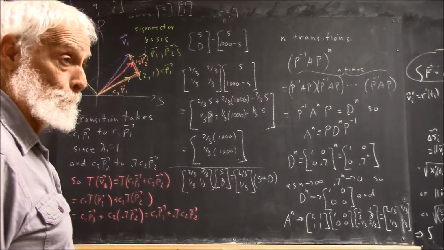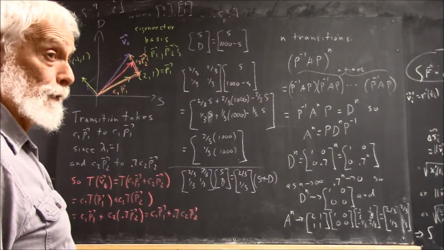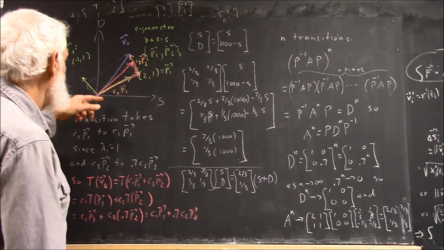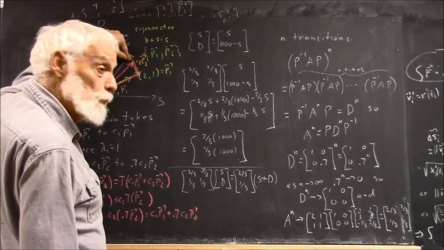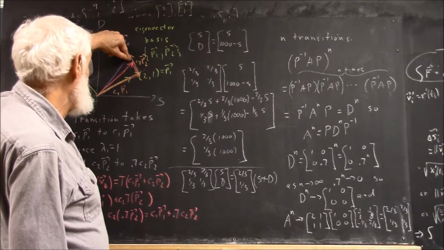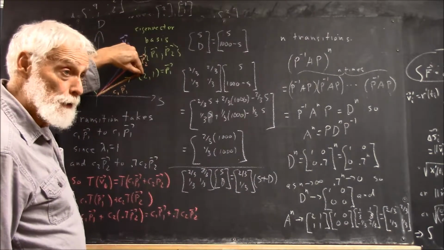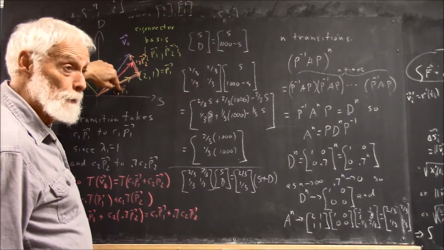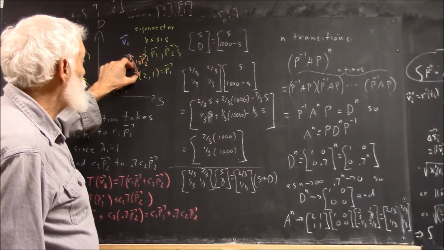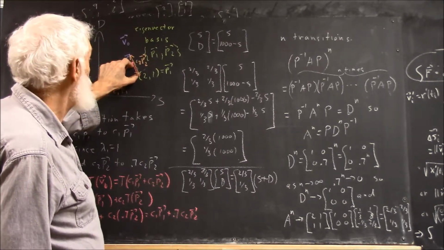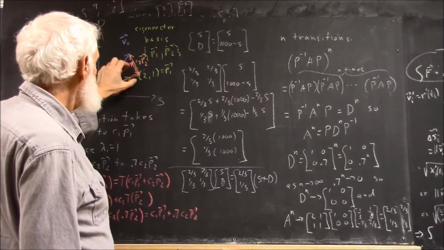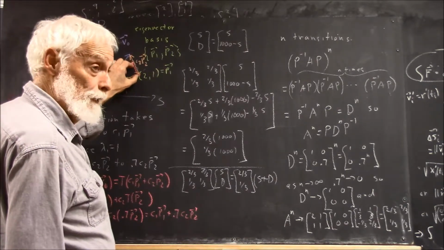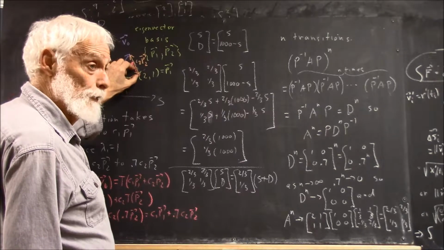Okay? Well, what's going to happen next? Well, this thing is now C1 P1 plus C2 P2. When we do the transition, we're still going to get C1 P1, because transition doesn't change P1. But P2 is now going to become 7/10 of what it was. And so this is going to shorten to 70%, then 70%, then 70%.